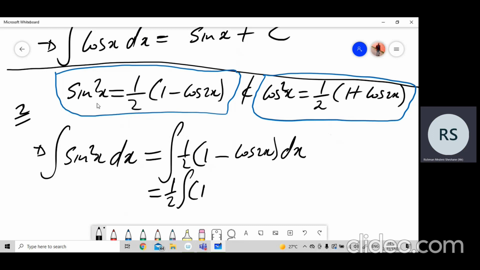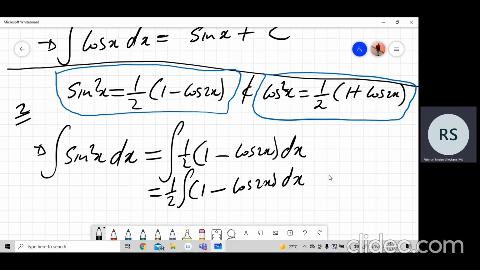So instead of this, I substitute its identity now. I take half out, 1 minus cos 2x dx. So let's integrate this.